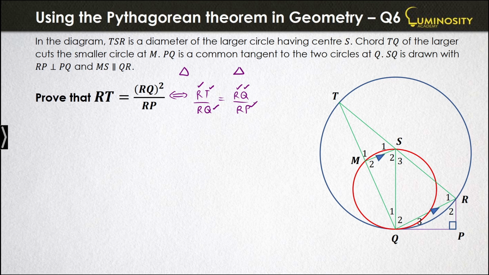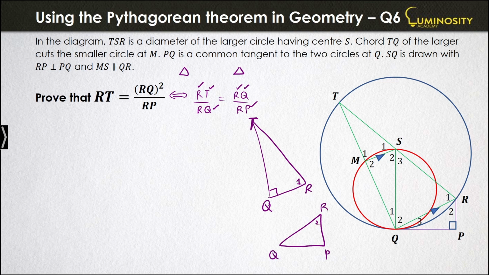R, T, and Q is this larger triangle. Here's the point T, here's the point Q, here's the point R, and that's angle R1. And then in the other triangle, the smaller one QPR, this is angle R2, and that's a 90 degree angle. Since they have a 90 degree angle, that's really helpful to us.